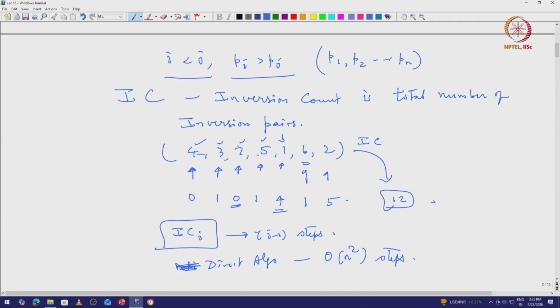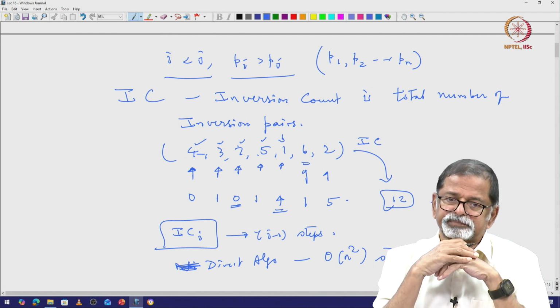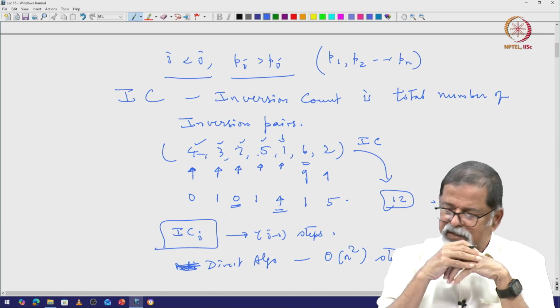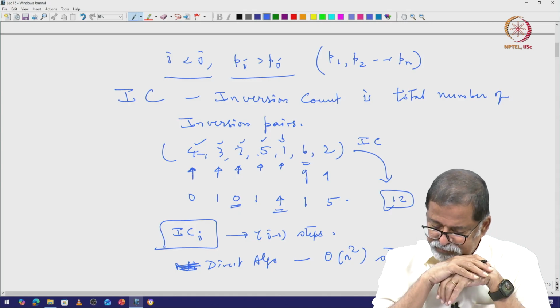For each position, keep scanning to the left, find out how many are larger, and add all of those counts, and that will give me the inversion count.